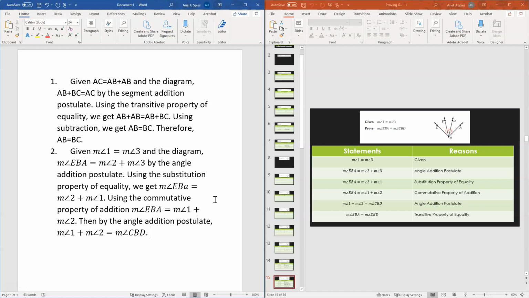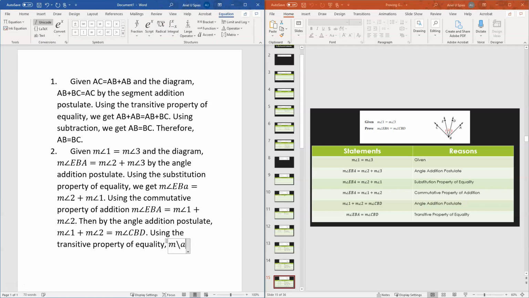Okay. Then I could say, using the transitive property of equality, measure of angle EBA equals measure of angle CBD.